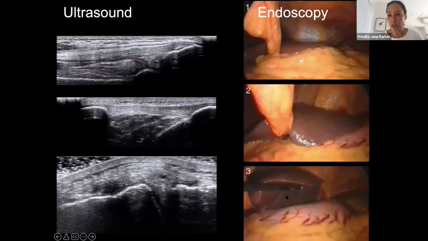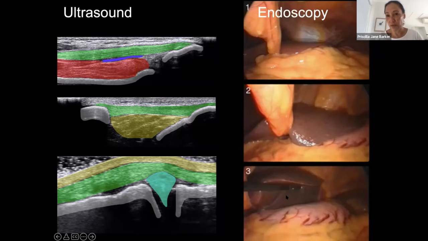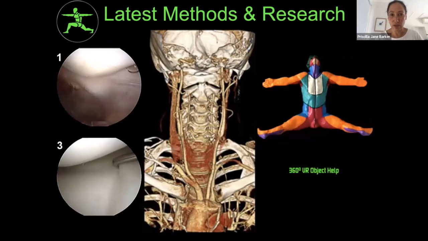And we've also included endoscopy. There are key images from an endoscopy, but we also have the video endoscopies included. We try to include any latest methods of medical imaging, so there you can see the full video of, for example, an arthroscope of the shoulder or the knee joint.